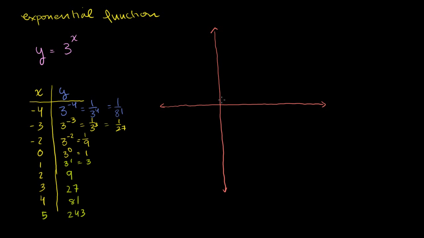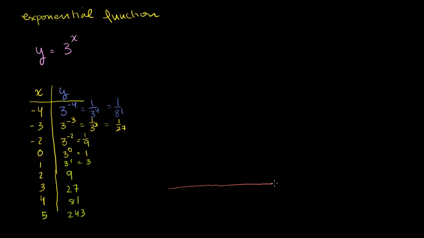Let me draw it a little bit differently than I've drawn it. Let me draw it down here, because all of these values, you might notice, are positive values because I have a positive base. Then let's say I have 10, 20, 30, 40, 50, 60, 70, 80. That is 80 right there.